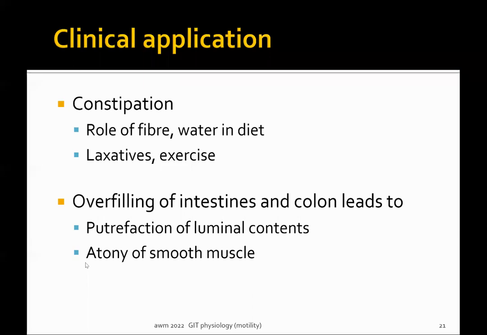And because the body is warm, and there's lots of microorganisms, you're going to get putrefaction of the luminal contents. And if you don't evacuate your bowels as often as you should, you'll end up reabsorbing those products of putrefaction. Okay, and then the other thing is that you get atony of the smooth muscle.